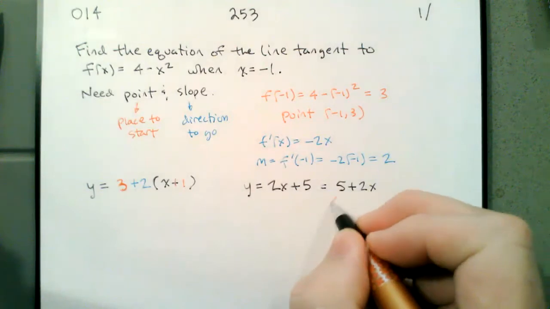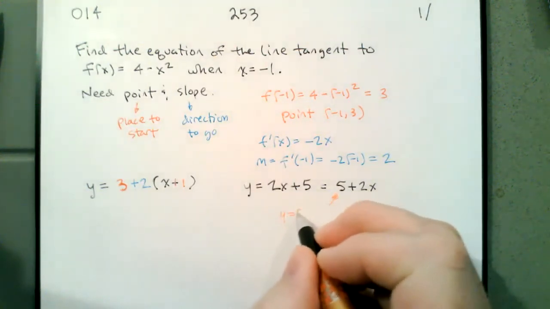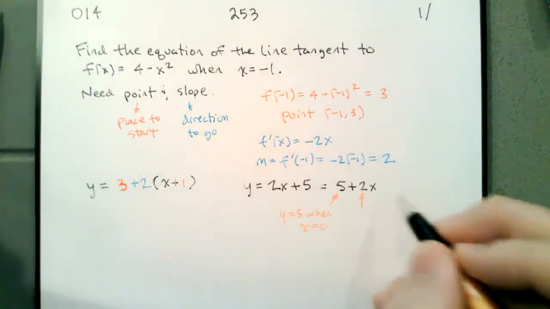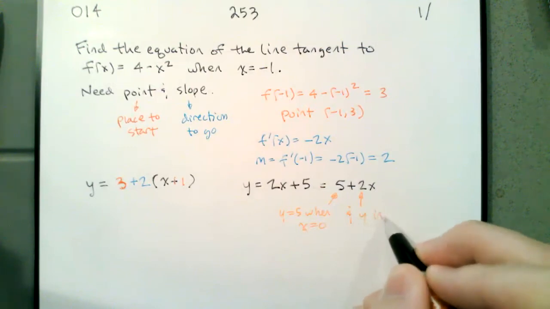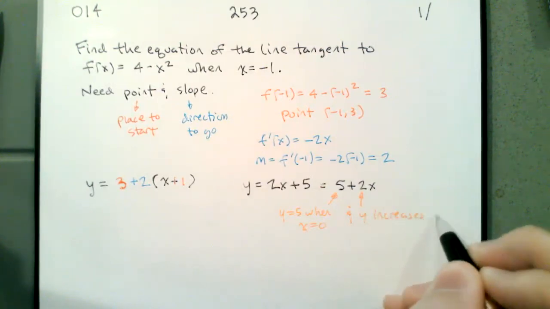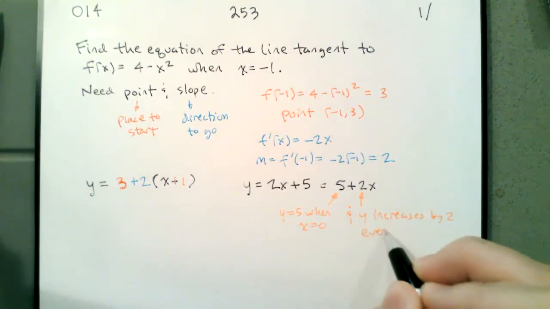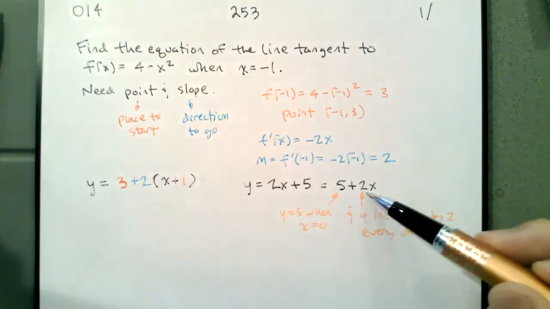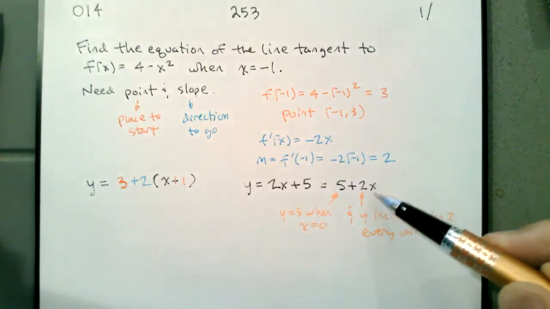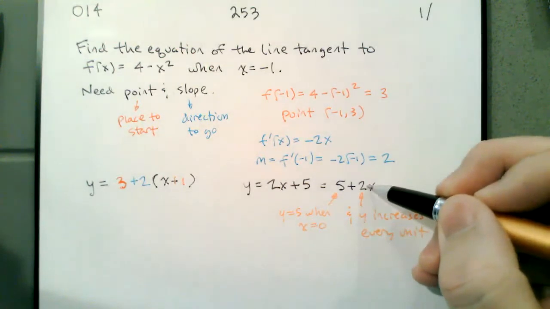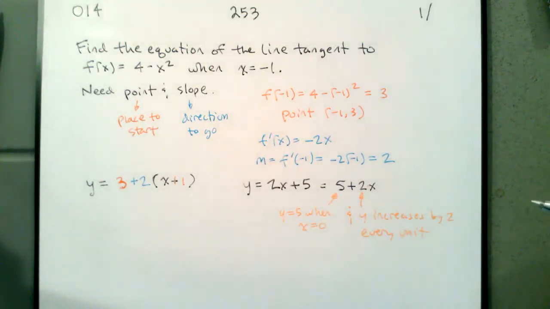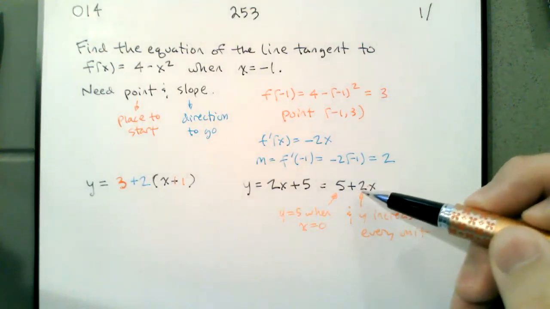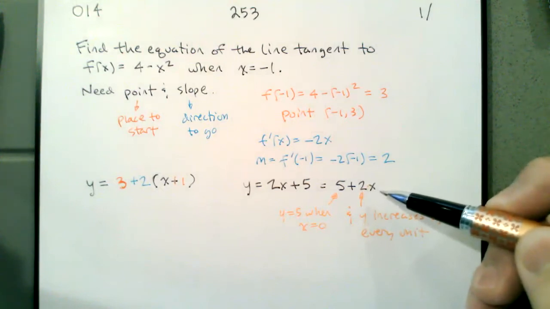So y starts at 5. y is 5 when x is 0, and y increases by 2 every unit. We start at 5 and add 2 a bunch of times. And notice that the multiplication is just repeated addition. So adding 2 a bunch of times means we can multiply the 2 by x, the number of times we're adding 2.